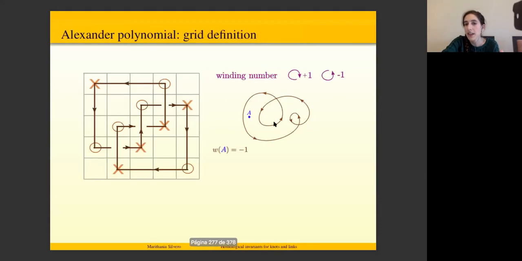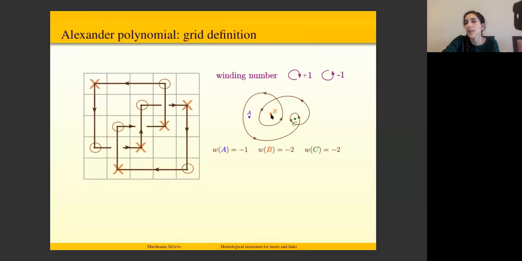So in this case, A, if you start and you do the curve, you see that you just go once around A counterclockwise. So you have that the winding number of A is -1, okay?